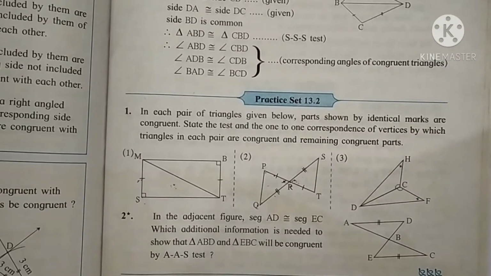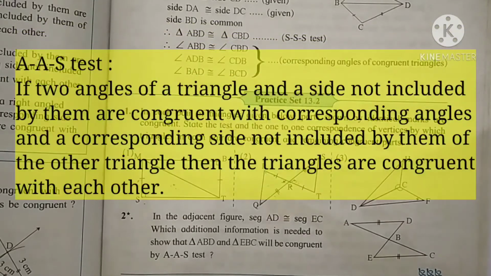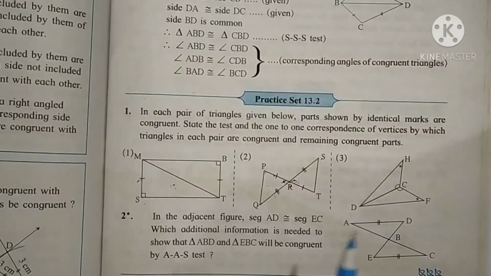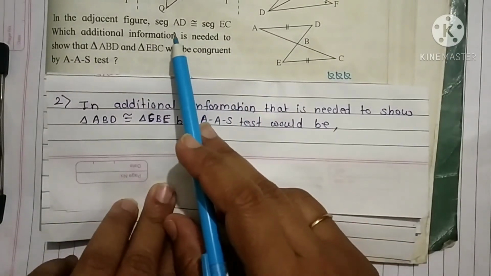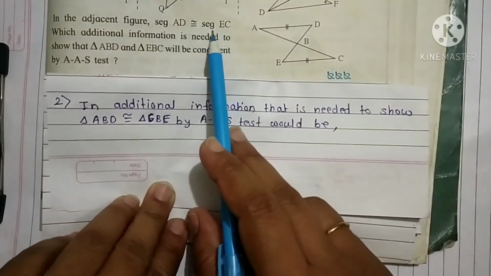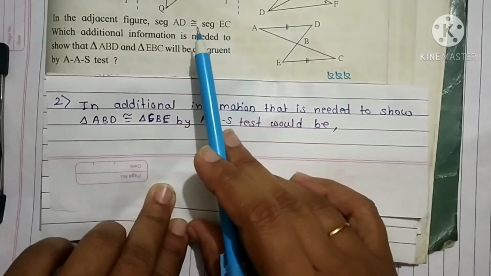So here I just revise. The AAS test is: if two angles of a triangle and a side not included by them are congruent with the corresponding angles and the corresponding side not included by them of the other triangle, then the triangles are congruent with each other.